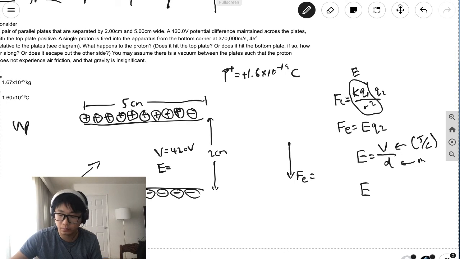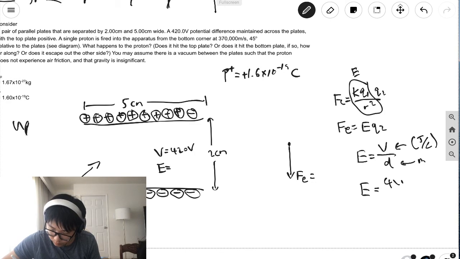So the electric field E, I can calculate, and it's constant throughout. That's just the truth about a parallel plate. E is going to be, in this case, 420 joules per coulomb divided by 2 centimeters, which is 0.02 meter.